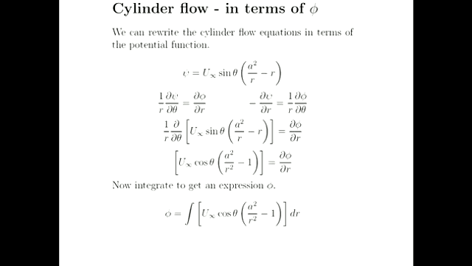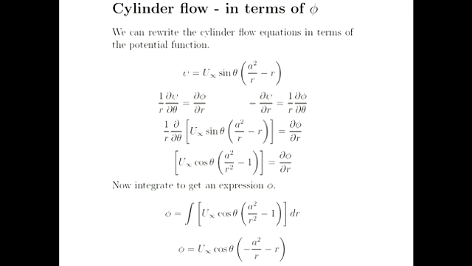So phi is equal to that term in the square brackets integrated with respect to r, and you should see that the integral of a squared on r squared with respect to r is just going to be minus a squared on r, and the integral of minus 1 with respect to r is just going to be r. So we end up with this very simple expression for the potential function for that same flow.